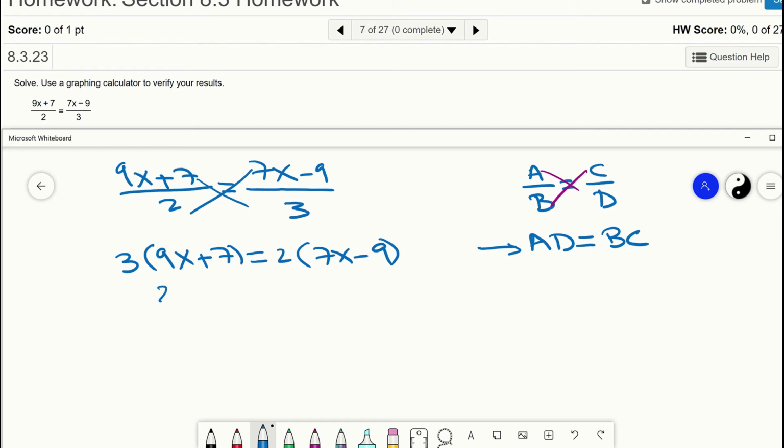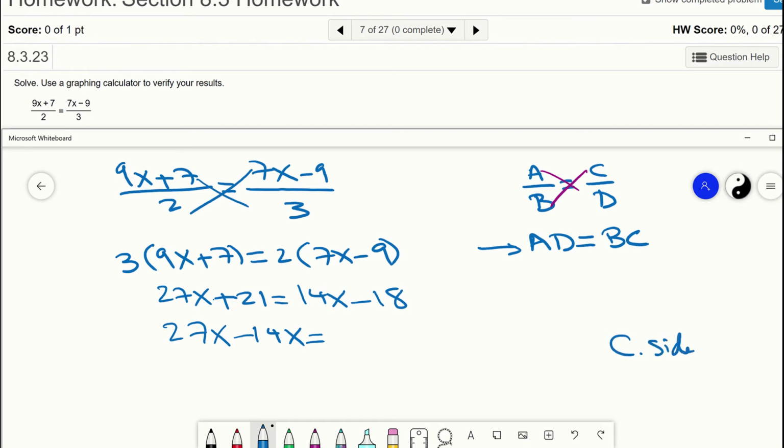So now we get 27x plus 21 equals 14x minus 18. Let's get the x's on the left side. So 27x minus 14x. Remember, change sides, change signs. Okay? On the other side, negative 18 doesn't move, so it doesn't change signs.